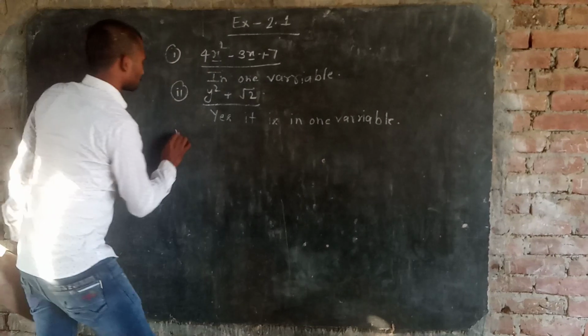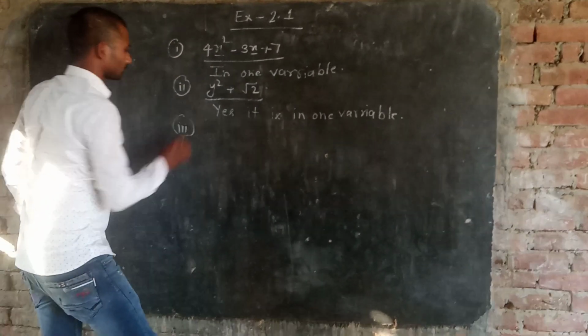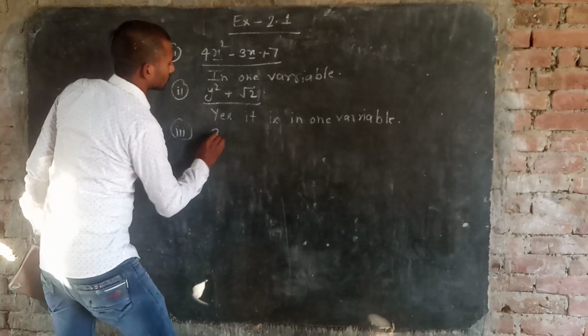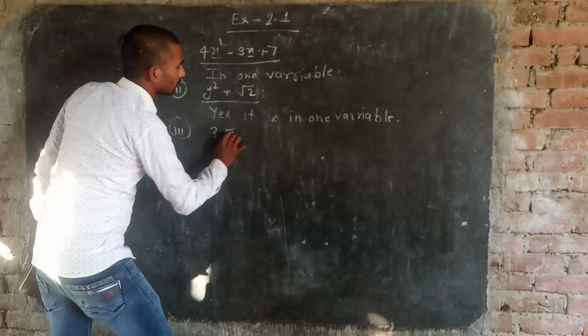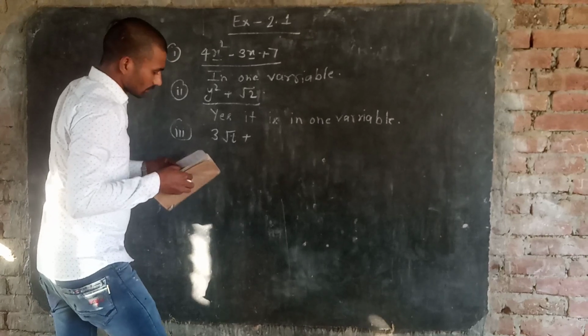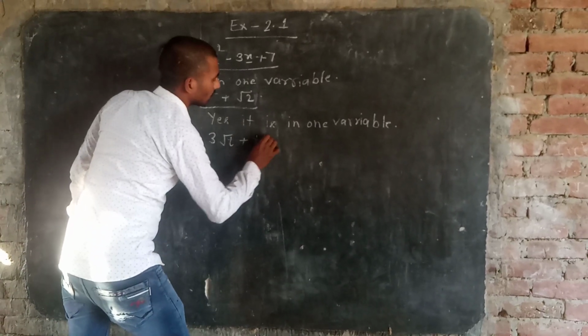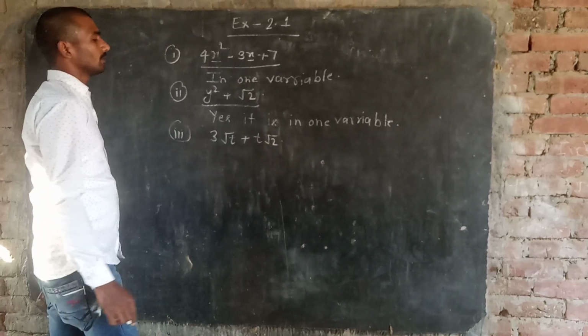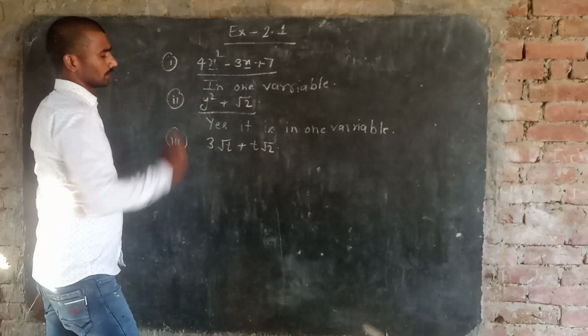Next question, 3 under root t plus t under root 2. This is not a polynomial in one variable because it is not a polynomial.